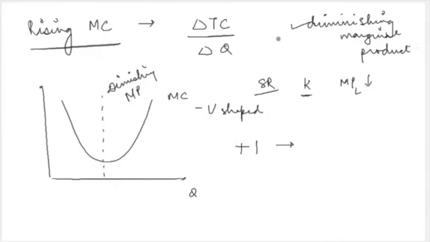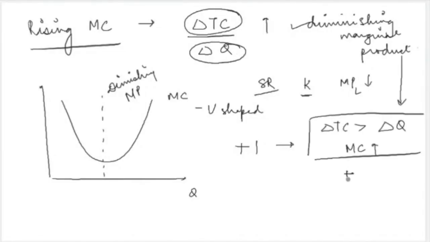Yeah, so when you add 1 unit of labor, then the change in total cost is higher than the change in quantity. And that results in a rising marginal cost, which is that one labor, one person is adding lesser to quantity but more to cost.